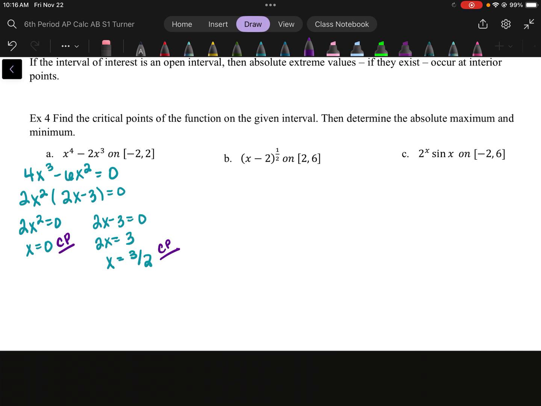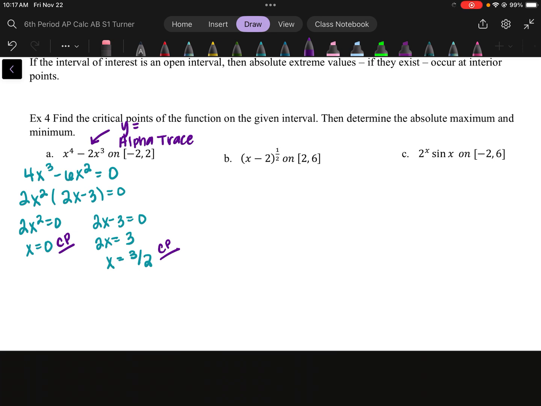For a question like this, a calculator might be handy, so you can go ahead and use your y equals, where we would plug this function into y equals, and then we would do the alpha trace so that I could plug in those values without having to continually type the same function over and over again.